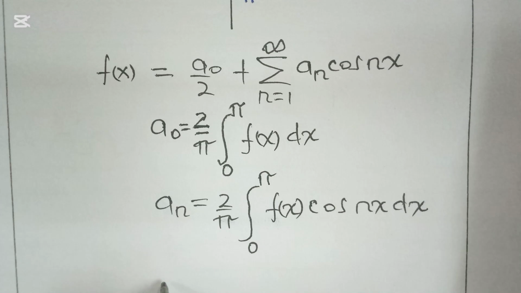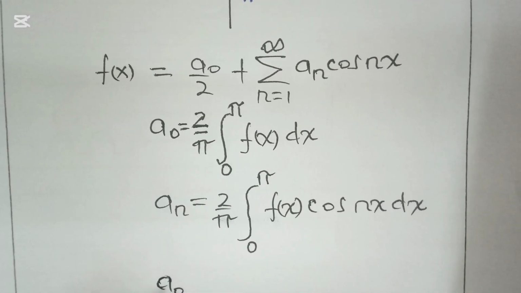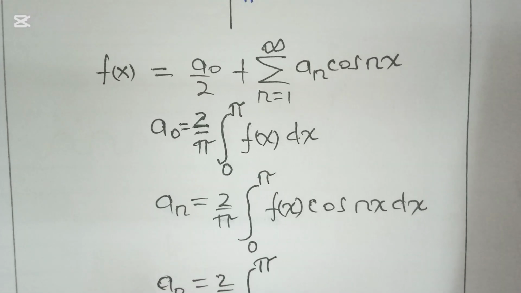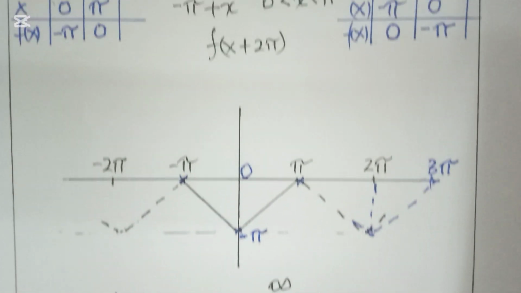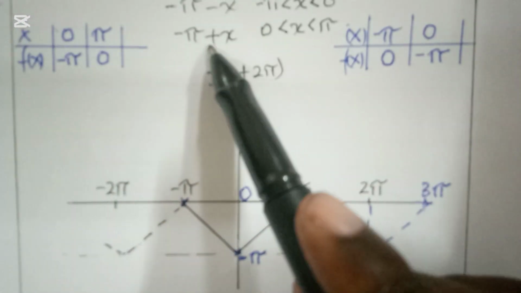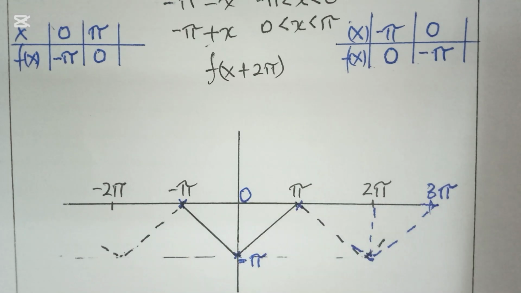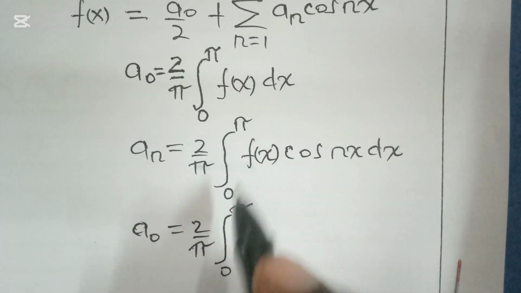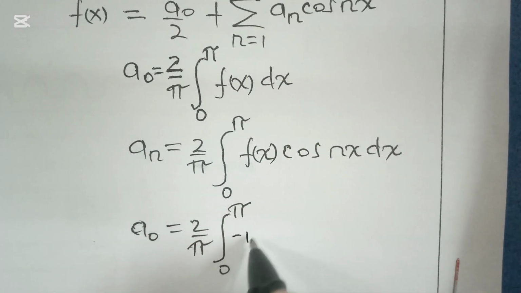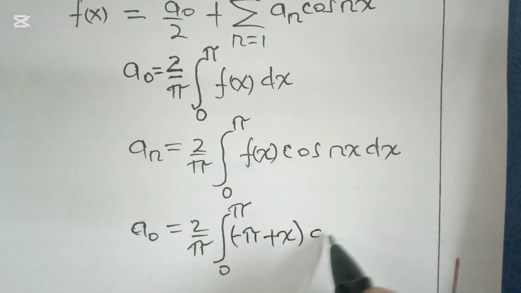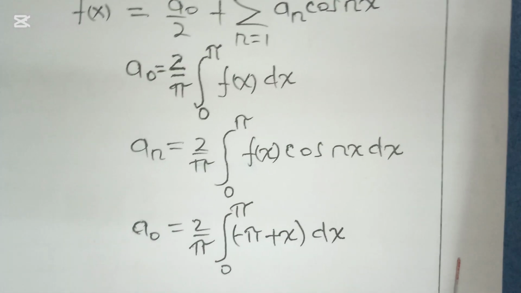So guys, now we go into action. We come and write a0. This one gives us 2 all over pi, integral from 0 to pi. And the equation we use, guys, is the second one, because from this point to this point, that is from 0 to pi, it's already multiplied by 2 as we do the equation. So this one will get negative pi plus x, dx.